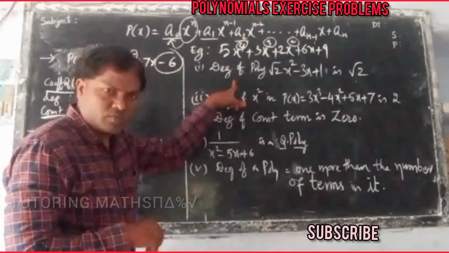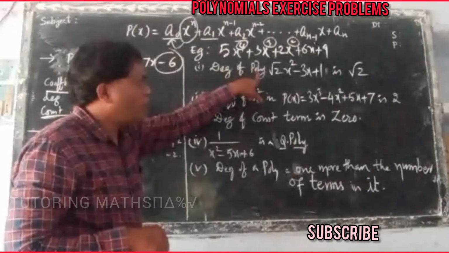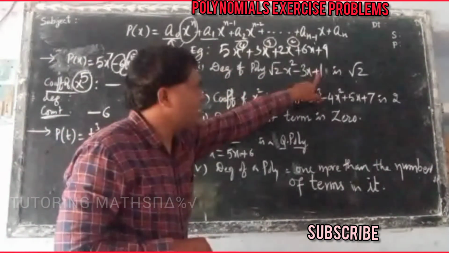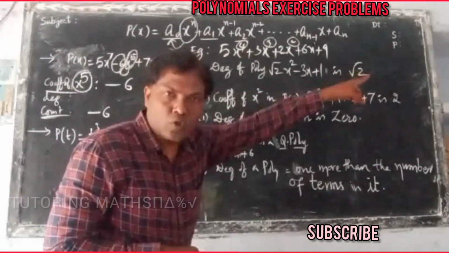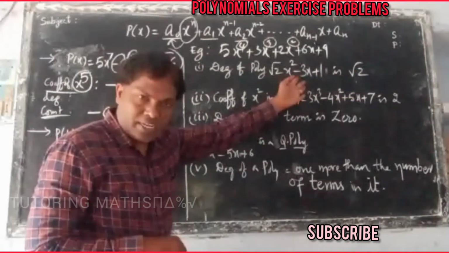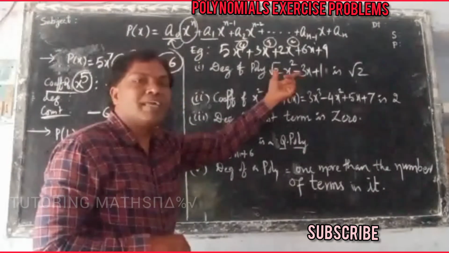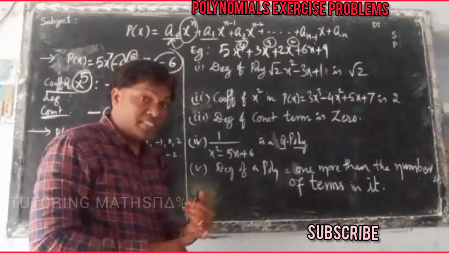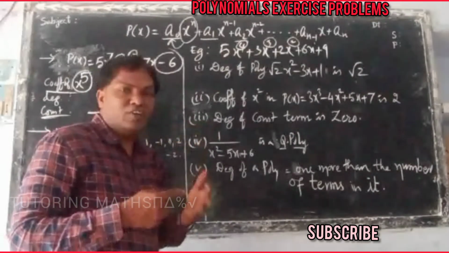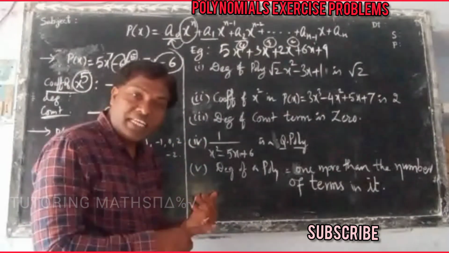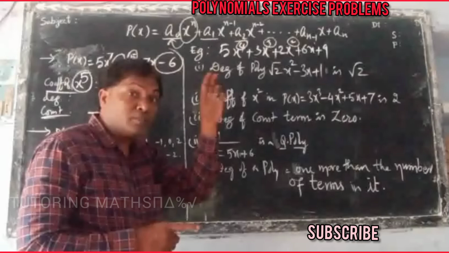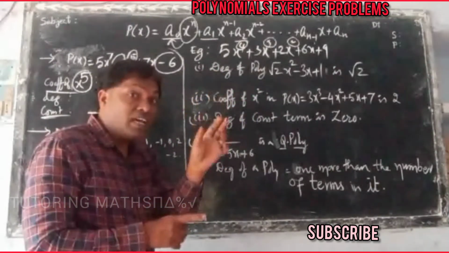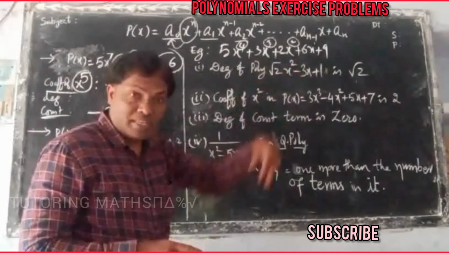Let us check the first one. The degree of the polynomial root 2 x square minus 3x plus 1 is root 2. They have given a polynomial and said its degree is root 2. But you know what the degree is: the highest exponent of the variable of the polynomial.